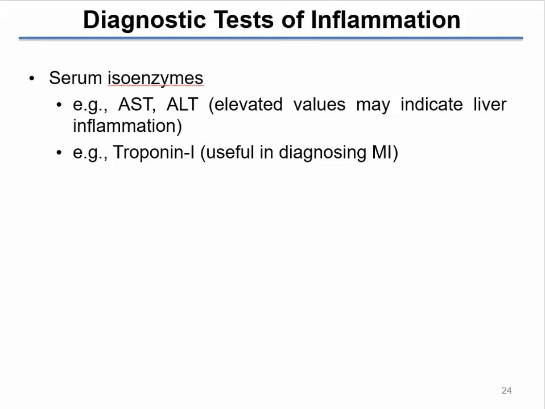If you end up working in a place like the emergency room, with myocardial infarction, one of the things they do to see if there is inflammation of the cardiac muscle is they look for troponin I, which is an enzyme that we see when the cardiac muscle is inflamed.